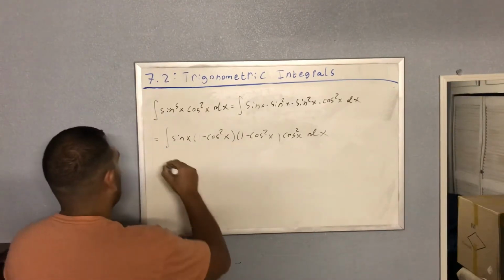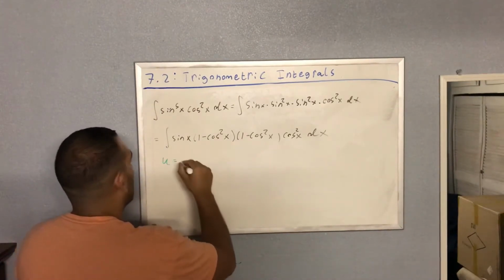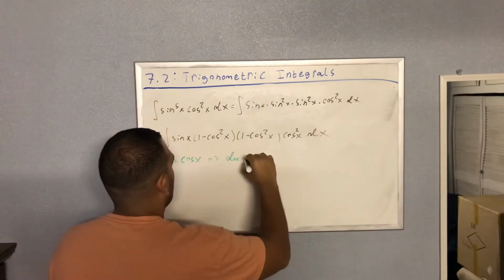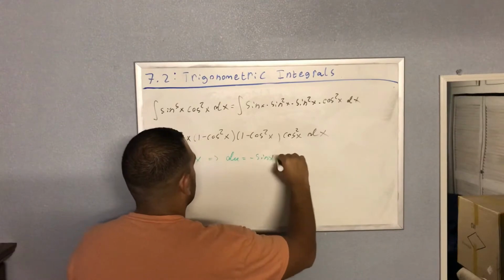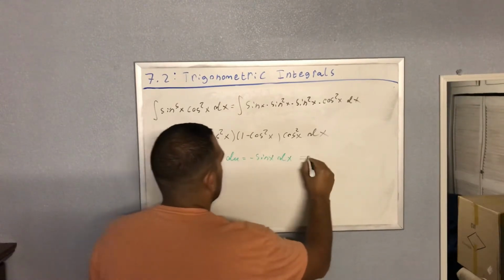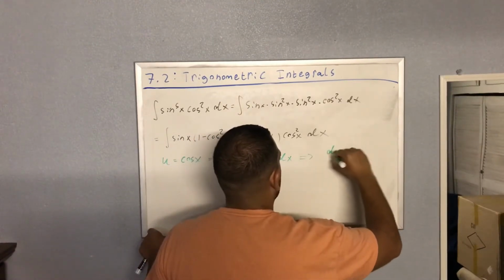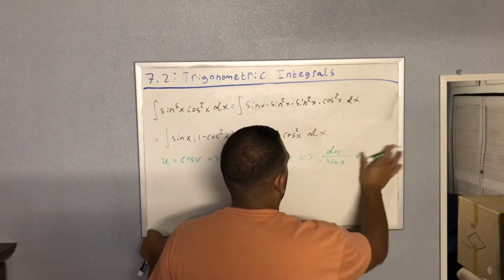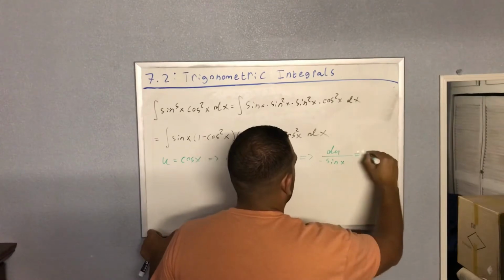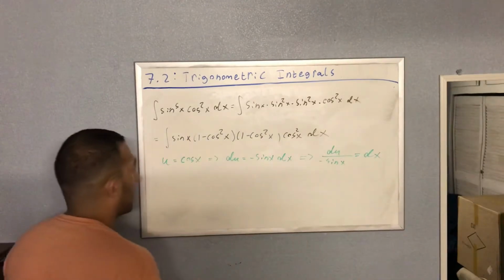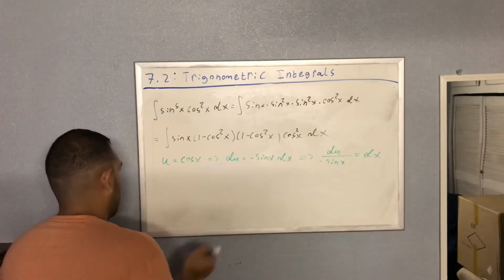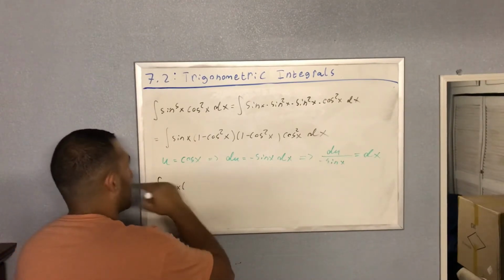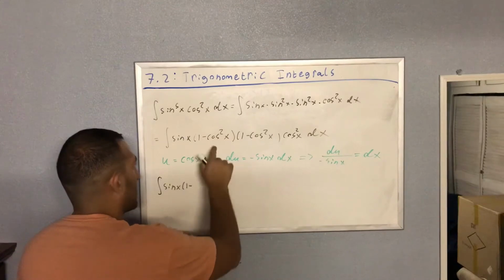If we let u be cosine x, this would mean that du is negative sine x dx. And this would mean that du over negative sine x equals dx.